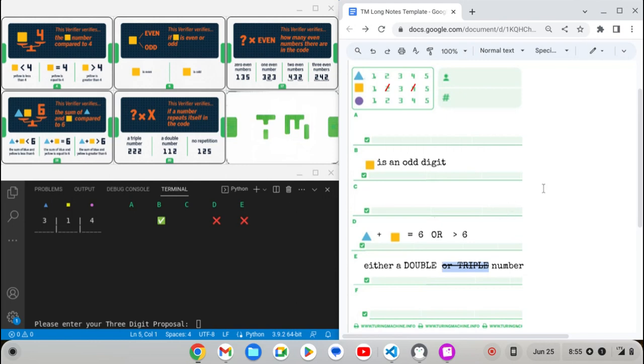Okay, so we're dealing with a double. The question is, is it 2 evens or 2 odds? That's the interesting question. Let's see. The other thing to notice is that there is no mentioning of purple. There's a lot about the middle digit, square, and a little bit of triangle, but there's nothing about circle.